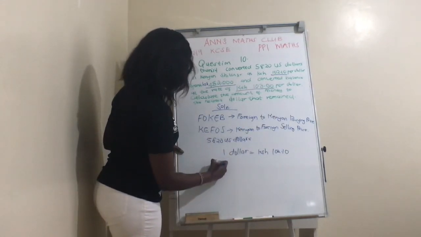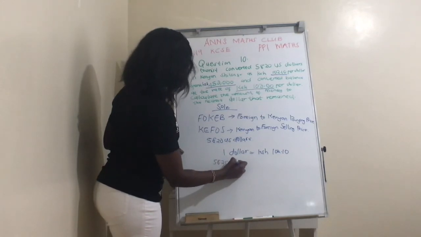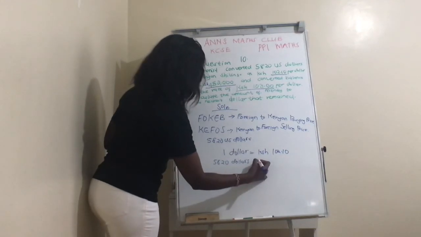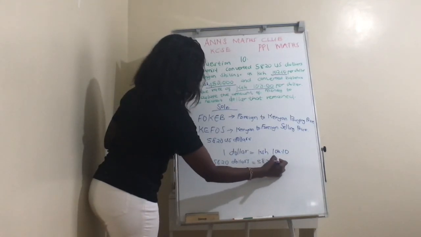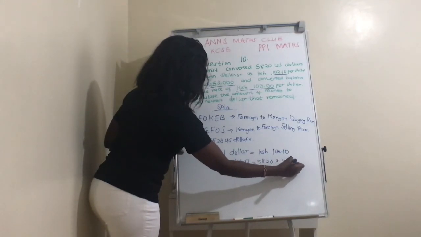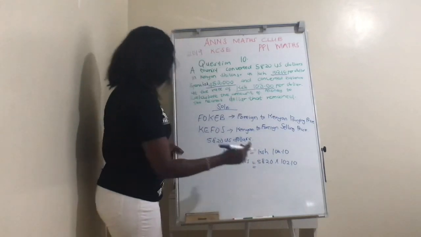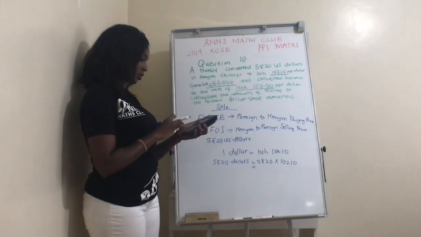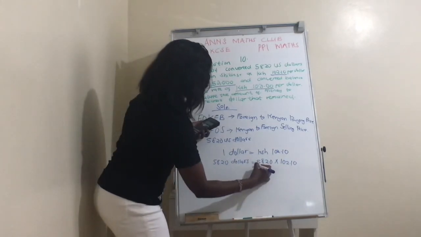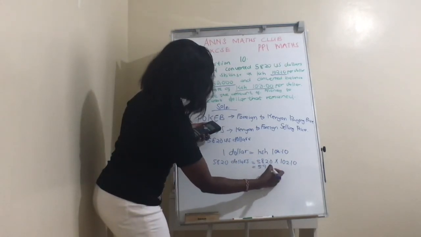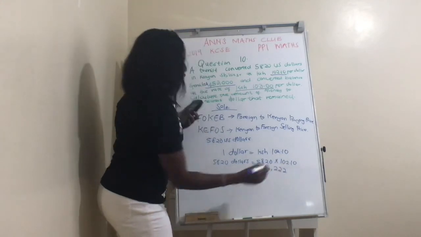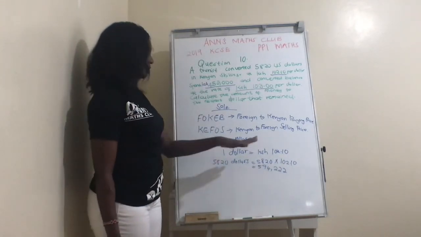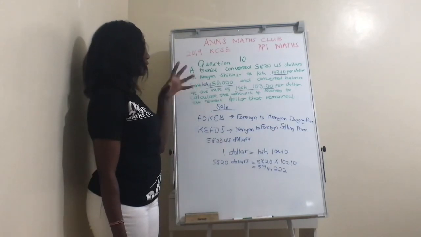What about 5,820 dollars? So you convert this into Kenyan shillings. So 5,820 times 102.10, and this gives you 594,222. So this is the amount of money in Kenyan shillings that the tourist had when he came into Kenya.